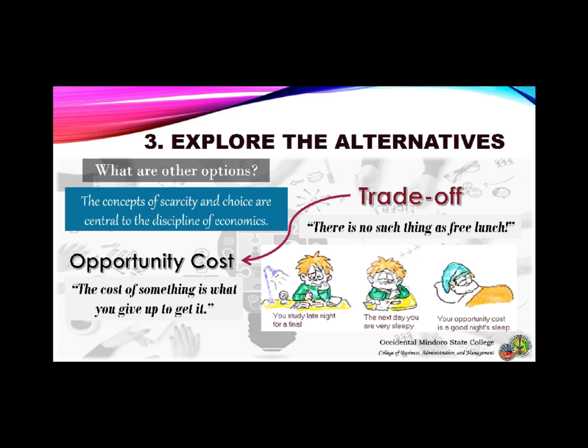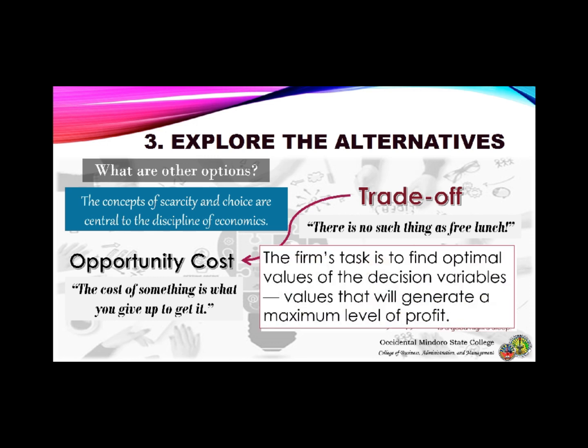In the other example, yung kanina sa step 2, the decision maker faces a choice from a relatively small number of alternatives. But even when the decisions are limited, there may be more alternatives than first meet the eye.